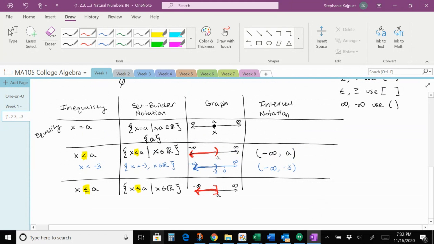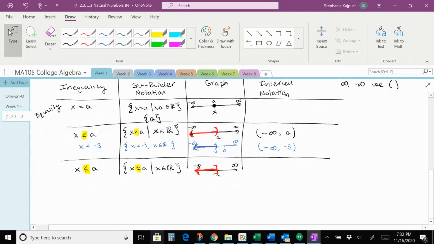When you're doing this on paper, you want to be very clear that your parentheses and brackets don't look similar, because that's the only difference when you're looking at it as a graph. Then in interval notation, we still have the parenthesis at -infinity because infinity always has parentheses, and we still have A, but now it's a bracket.